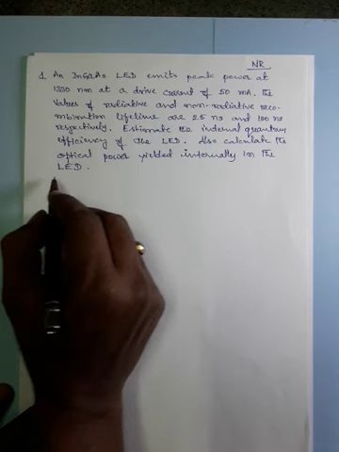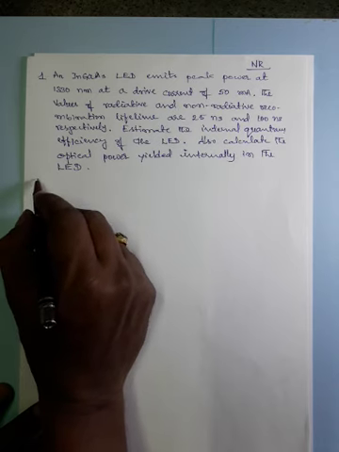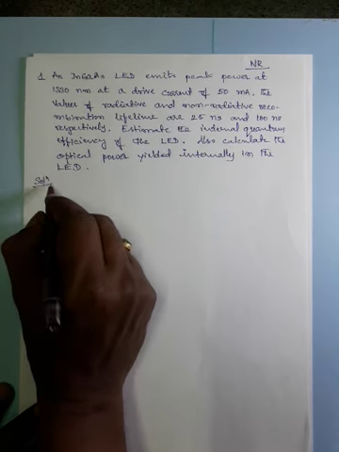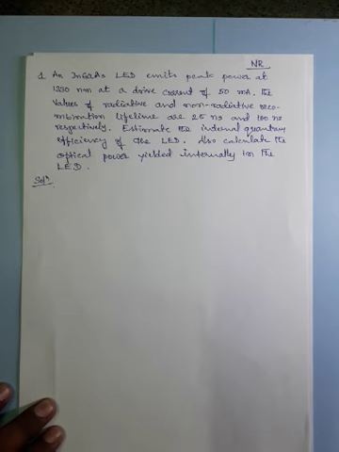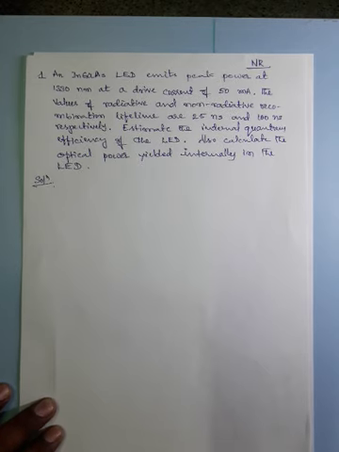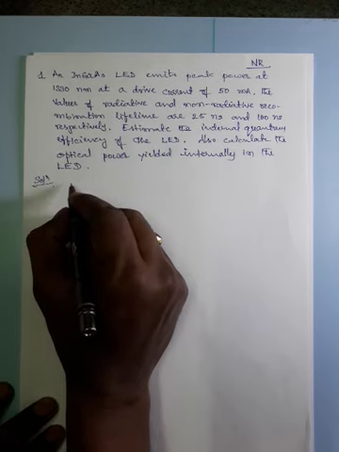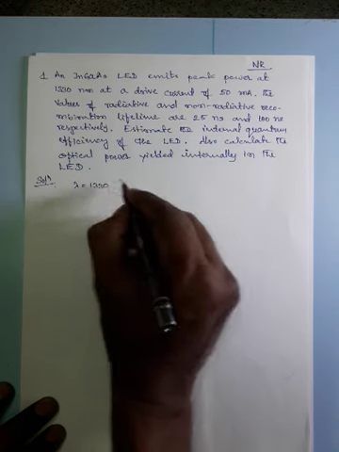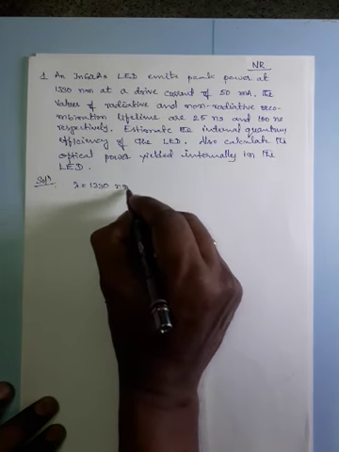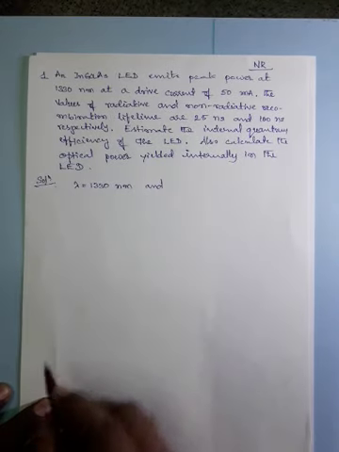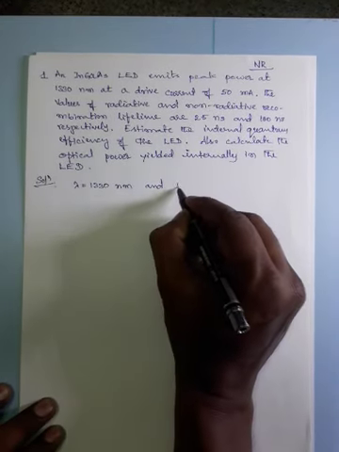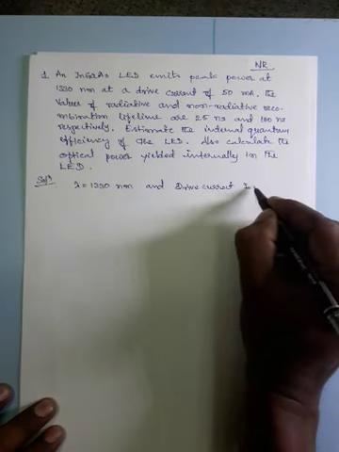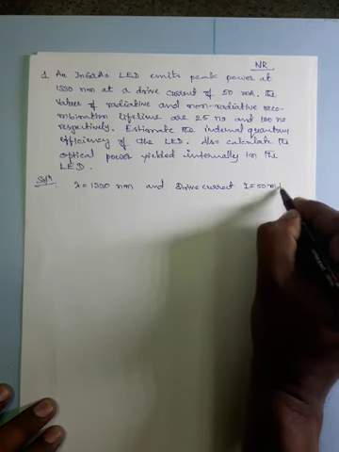Now I am going to provide the solution. In this problem, the indium gallium arsenide LED emits peak power at lambda is equal to 1330 nanometer and drive current I is equal to 50 milliampere.